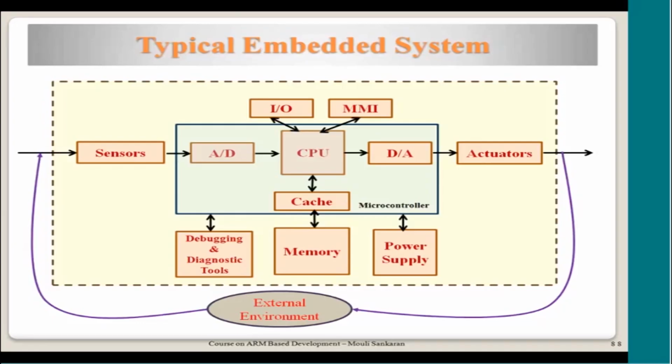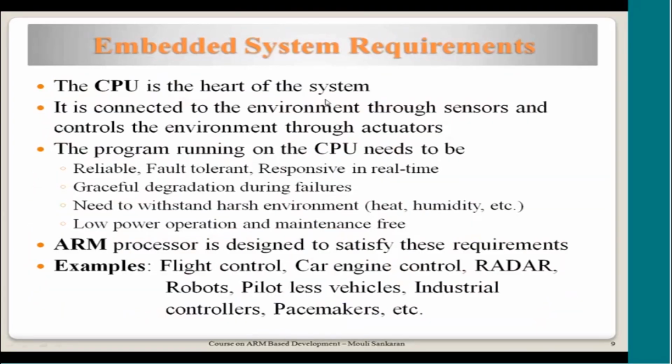That is very important. Some of the requirements for a CPU, which could be ARM: it should be able to read the sensors from the environment, and it should be able to actuate different relays or other control engines or motors, and it should be reliable and fault tolerant. This is very important.